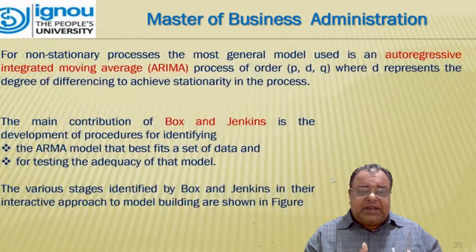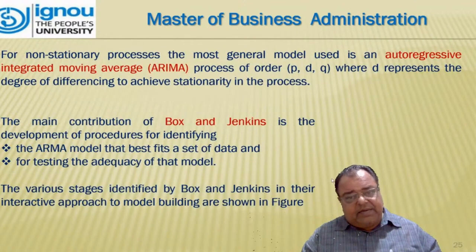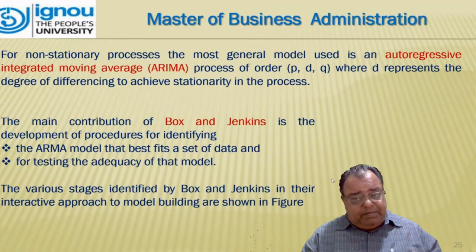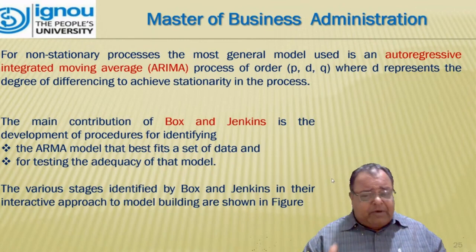For non-stationary processes, the most general model used is an autoregressive integrated moving average, that is ARIMA, process of order p, d, q, where d represents the degree of differencing to achieve stationarity in the process.